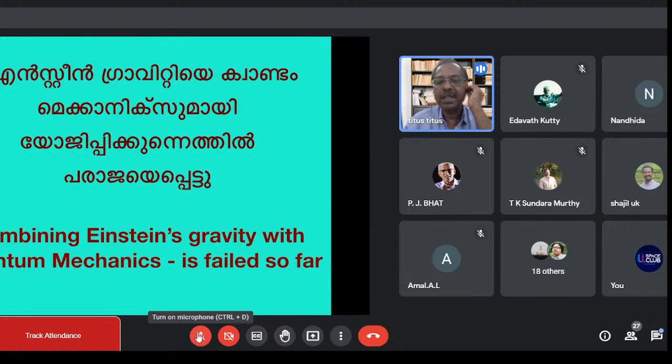So this is the major failure. Maybe one can consider it as the failure of quantum mechanics, or even one can consider it as the failure of Einstein's theory of gravity. In both ways you can go. But all indications are along the direction that there is something wrong with Einstein's theory of gravity.